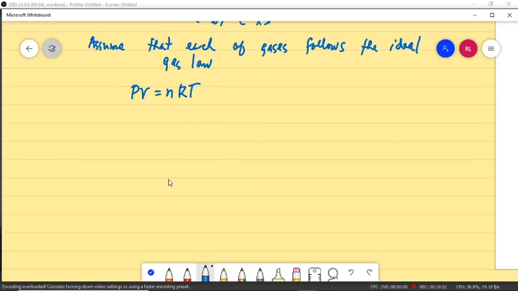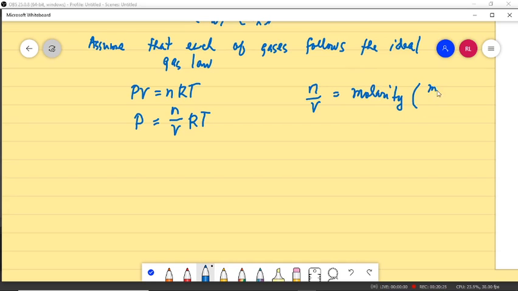Okay, so let's derive an expression for pressure. P is equal to n over V times RT, wherein the number of moles over volume is equal to molarity, right?